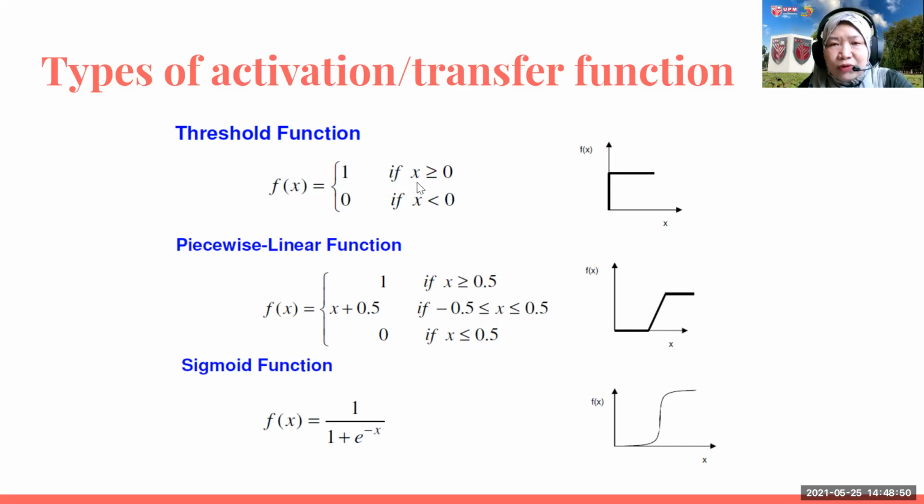So if your x is more than 0, your output will be 1. So the value that will come out from your hidden neuron is 1.